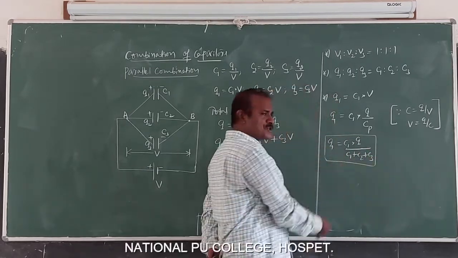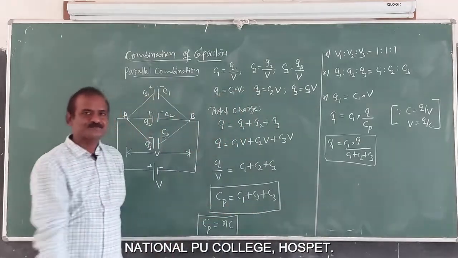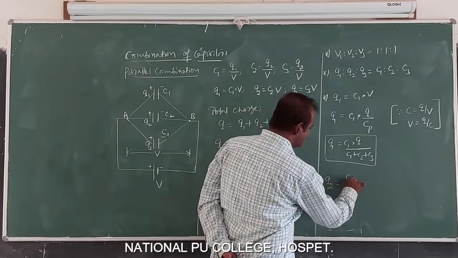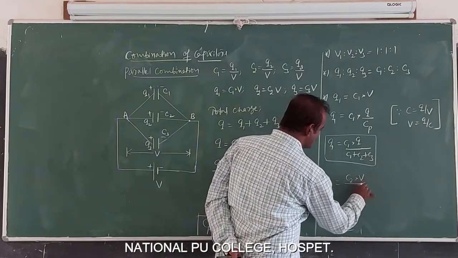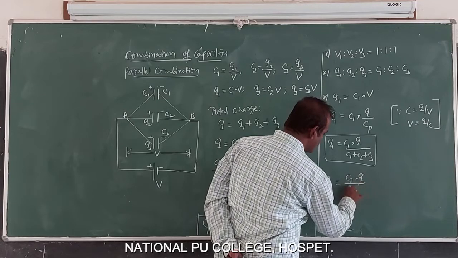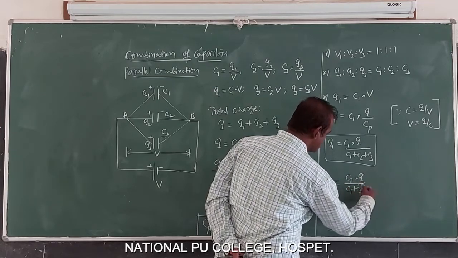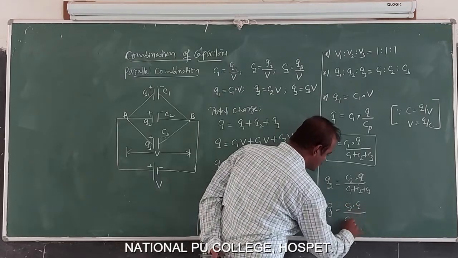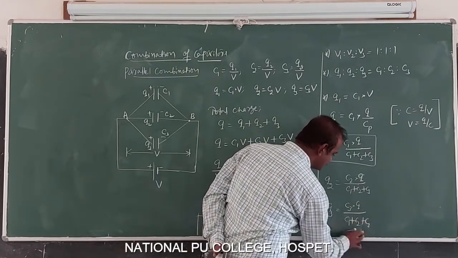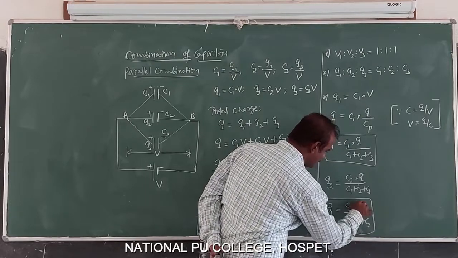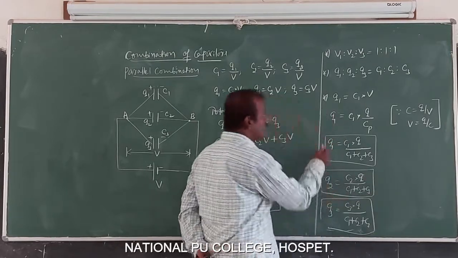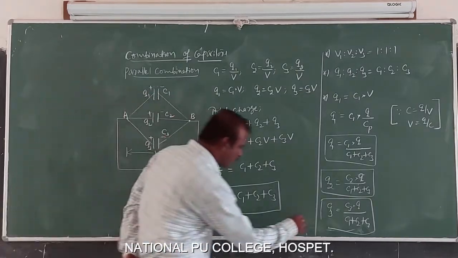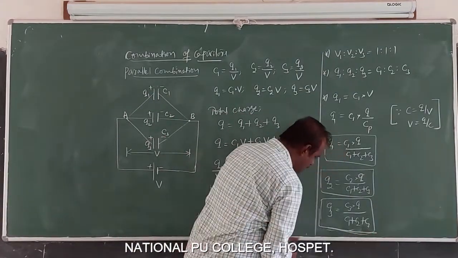For two combinations, just C1 plus C2. Similarly, Q2 you can write, which is C2 into Q divided by C1 plus C2 plus C3. For Q3 you can write C3 into Q divided by C1 plus C2 plus C3. Of course, ratio formula C1 is to C2 is to C3. If you want the formula individually, you can use this.